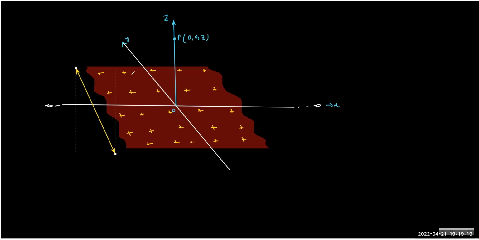This is given as 2a, a behind and a this side, and sigma is the surface charge density. So we are supposed to find the electric field at point P.